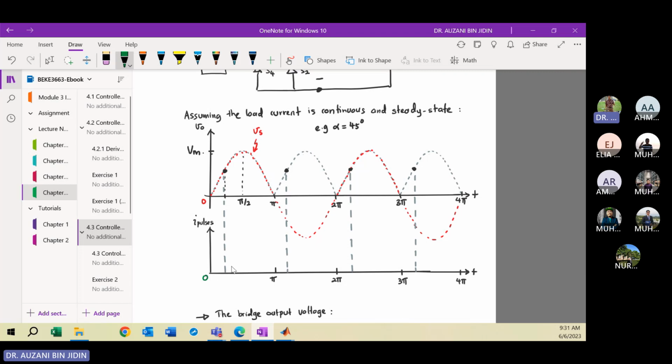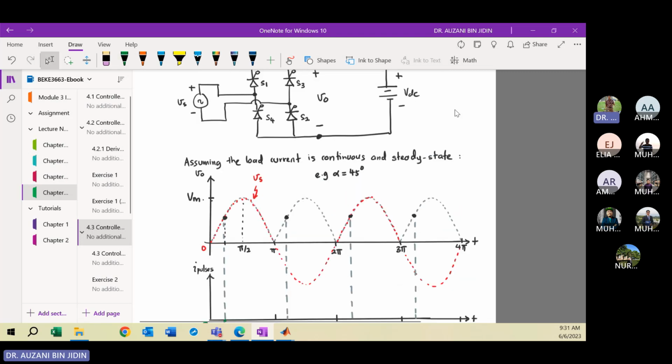So we can define the alpha at this point, right? So this is your alpha. So at angle alpha, we inject the current pulse, and the current pulse turns on the SCR.